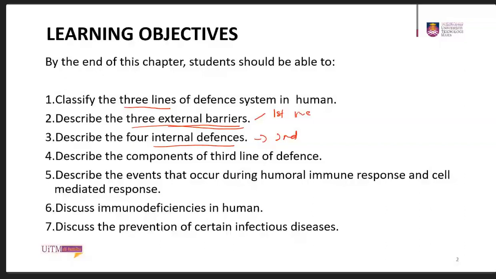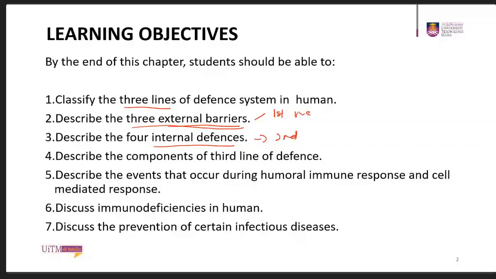External, the skin for example. So that is one example of external barriers. And then internal barriers, you have, for example, phagocytes, white blood cells that, when they encounter the pathogen, engulf and destroy that pathogen.